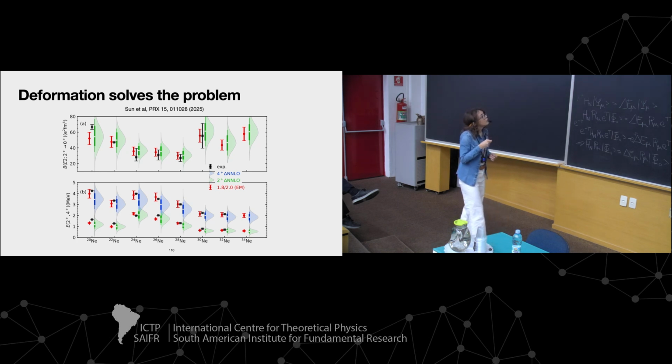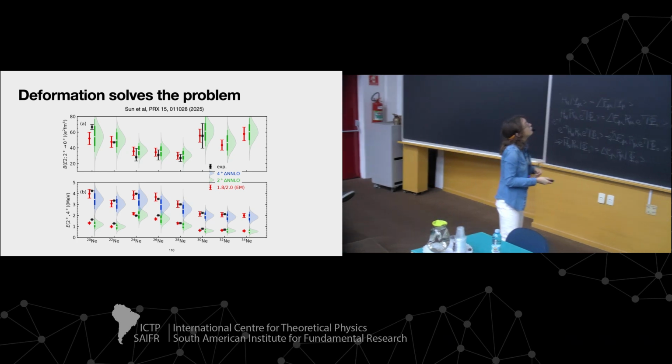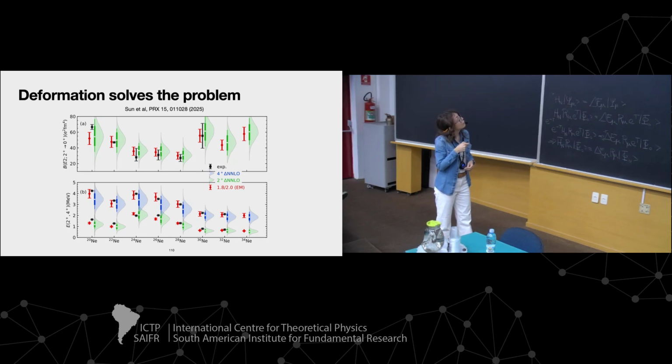And so if we introduce this kind of freedom into our many-body method, we can actually get a very good reproduction of the B(E2) values, which are here given by experiment. And here you have different theoretical predictions from coupled cluster using different interactions, and we actually get them very well.